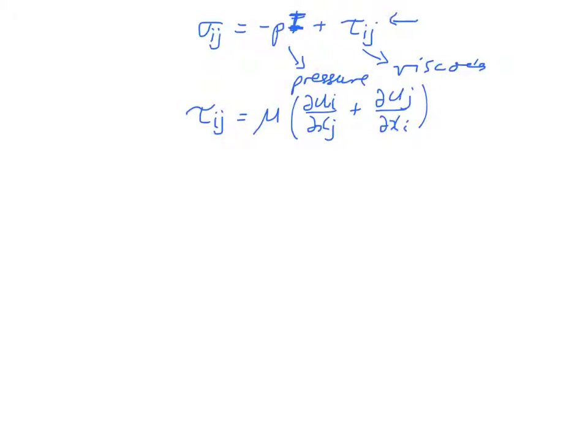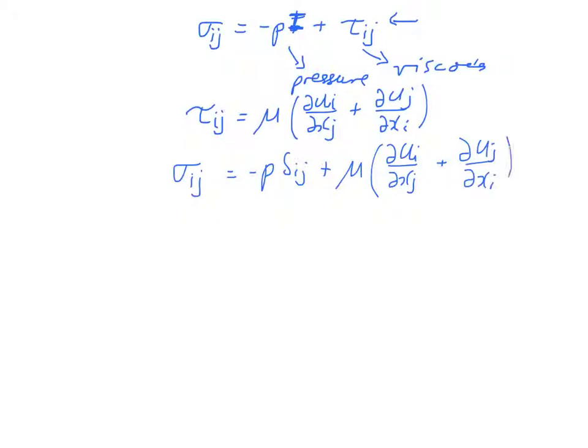But what I want to do from here is write sigma ij as being, and I'll go fully to tensor notation, negative p times delta ij plus mu times dui dxj plus duj dxi.